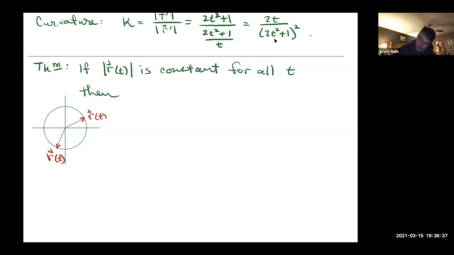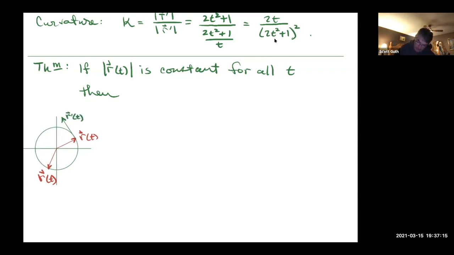And what we know about moving on a circle or a sphere is that the tangent vector is going to be perpendicular to the circle, and therefore I should say perpendicular to a radius. So I'll call this r prime of t here. The tangents to circles are always perpendicular to their radii.